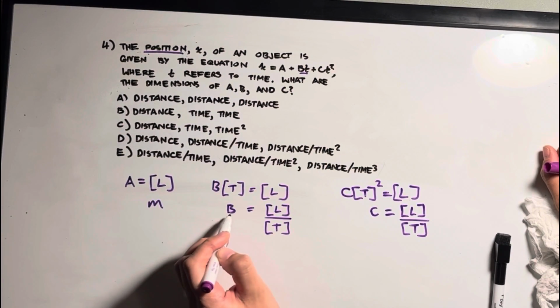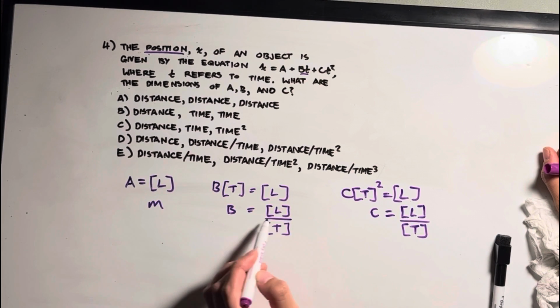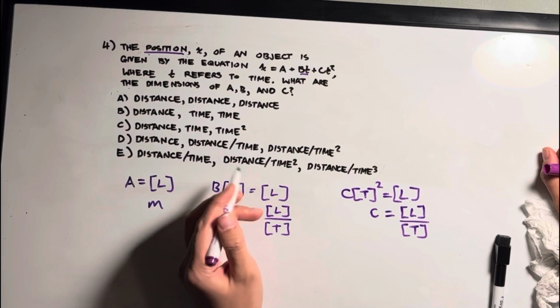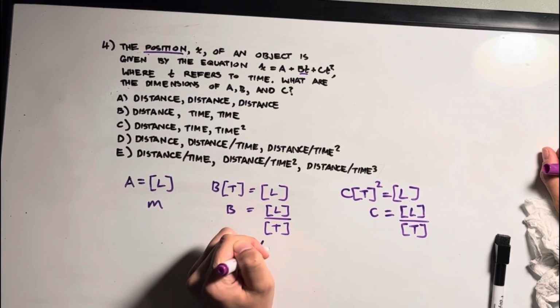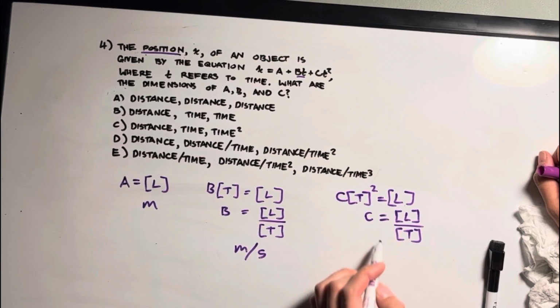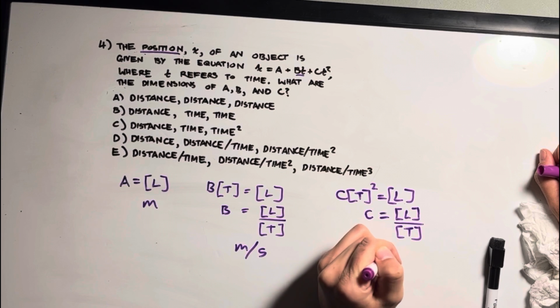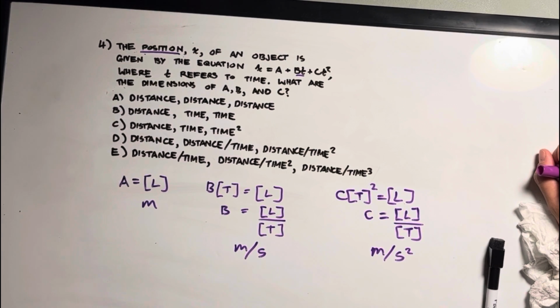So if we were to isolate b and divide each side by t, we would get b is equal to length over time. So that would be meters over seconds, meters per second. And then you do the same thing for c times t squared to give you your distance over time squared.